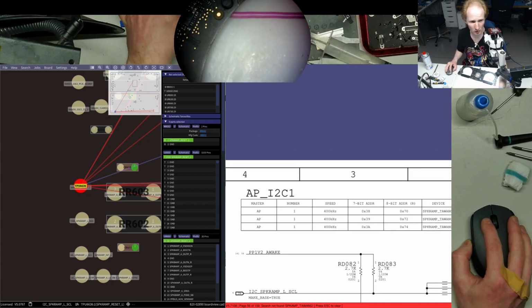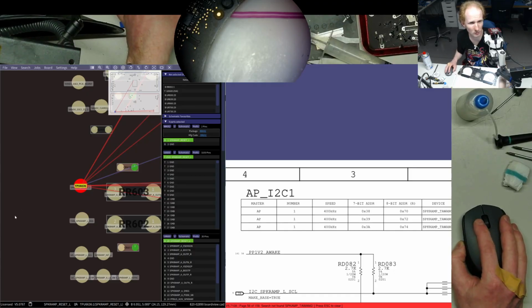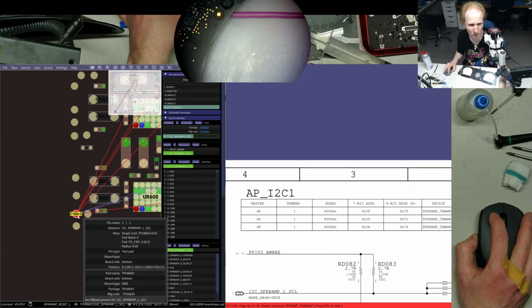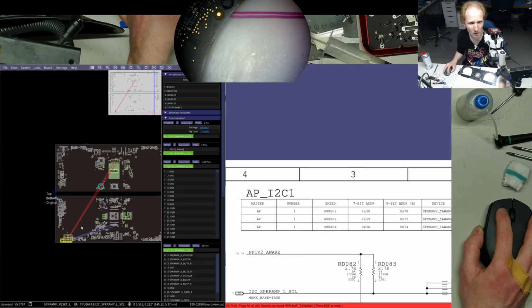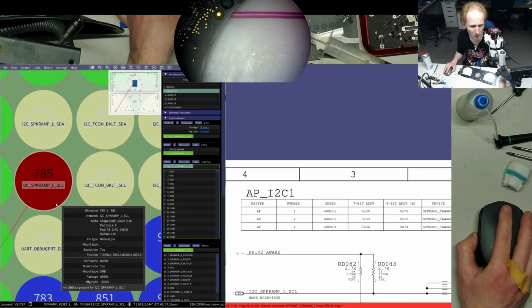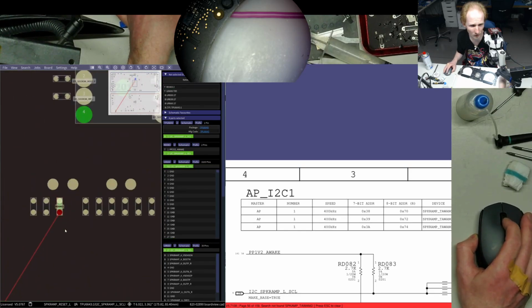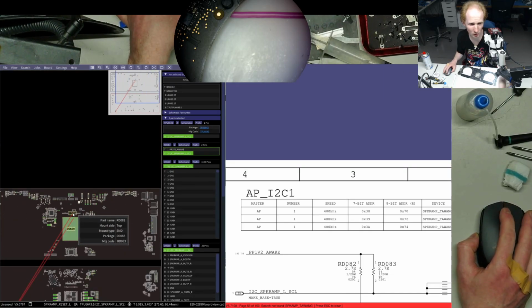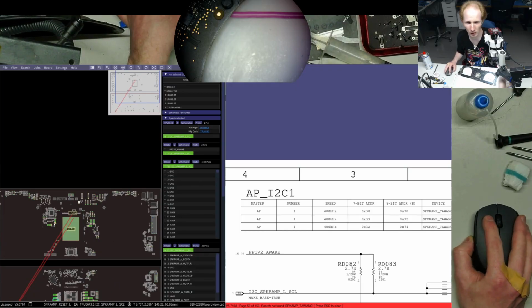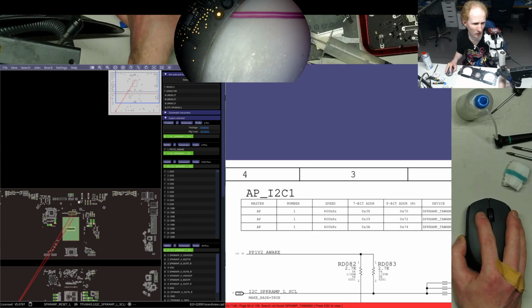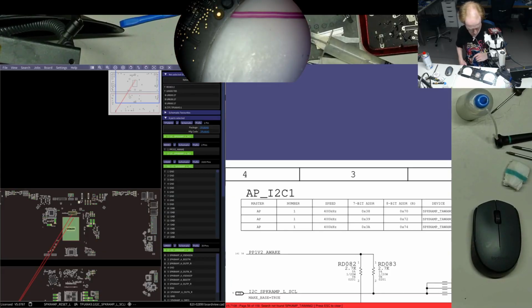Okay, let's try to decode it a little bit differently. Speaker amp as clock. Let's check how it's called on the CPU. Oh, and by the way, it's 1.2 level. So let's probably change the analyzer and do it once again, because otherwise we probably have wrong readings, just in case.